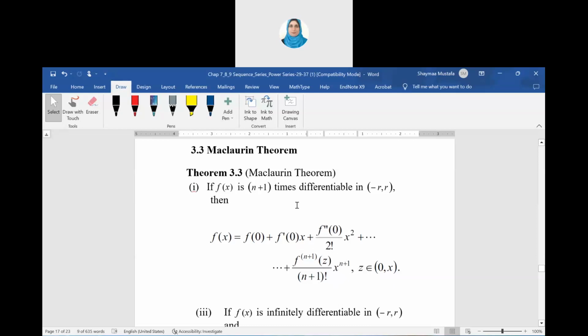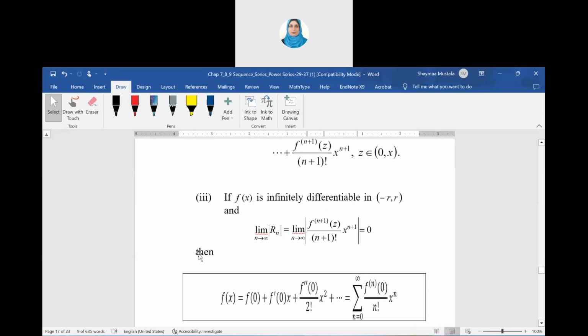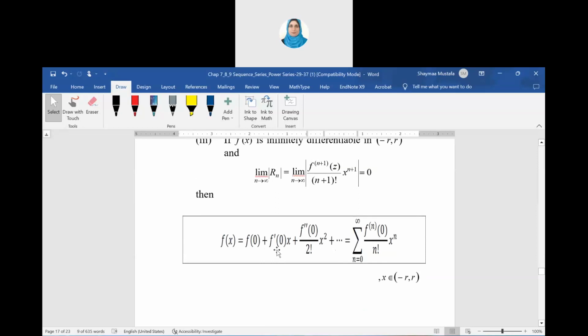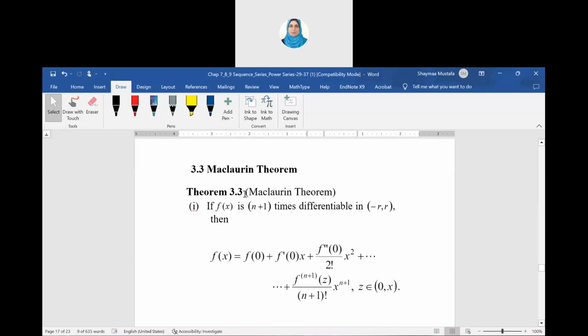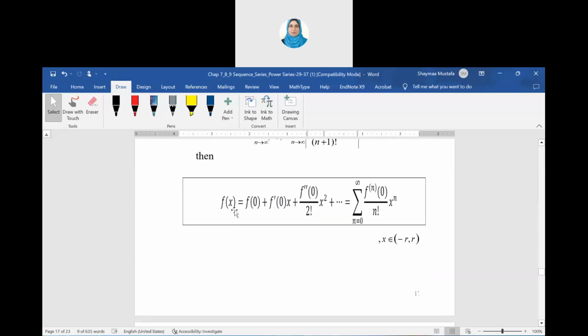This is the theory that we will apply to find the power series for any function. We call it the Maclaurin theorem because we evaluate the function at the point 0.